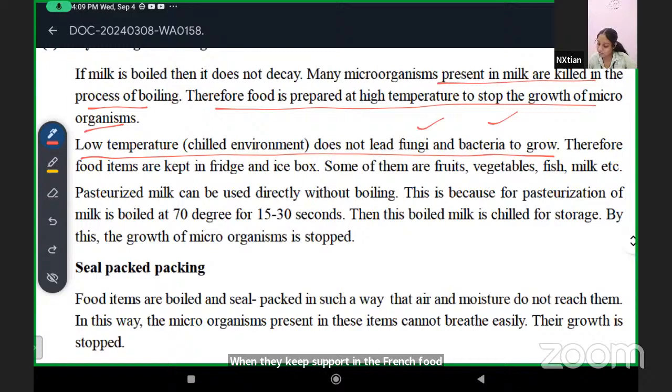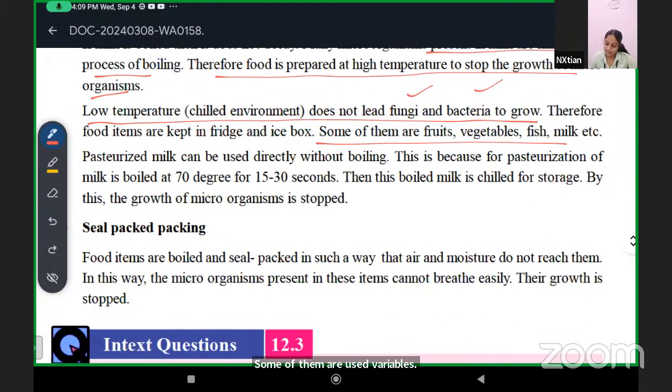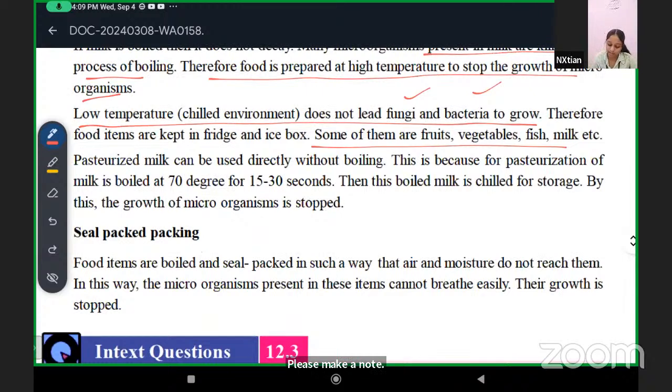Some of them are fruits, vegetables, fish, milk, and so on. Pasteurized milk can be used directly without boiling. This is what Abraham you were asking about. It is known as pasteurized milk.